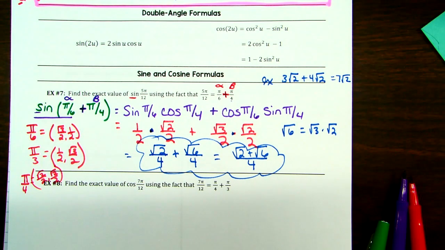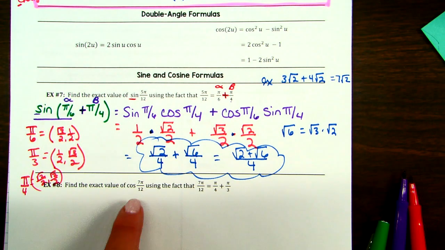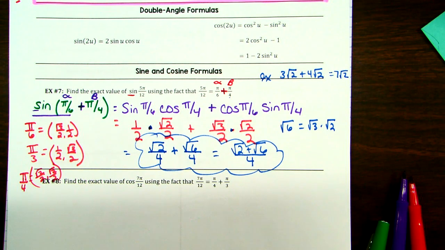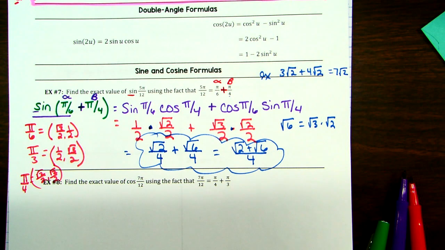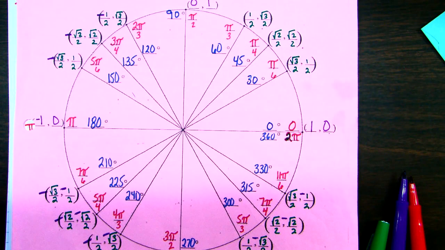So understand that they're giving us the same exact type of problem. They're asking for cosine of 7 pi over 12, and they're telling us what two angles add together to get 7 pi over 12. When we get to the homework, I'll do one with you, but you have to come up with the two angles. How do you do that? Well, I'll show you, but what I want to get at is you can use any angles on the unit circle. You can use any quadrant.